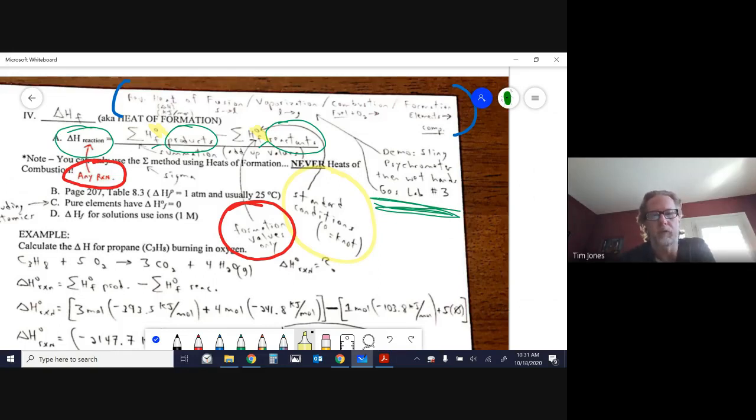The little circle is called not, so you would read this as H not of formation, something like that if you had to say it. Be careful, standard conditions is not the same as STP.